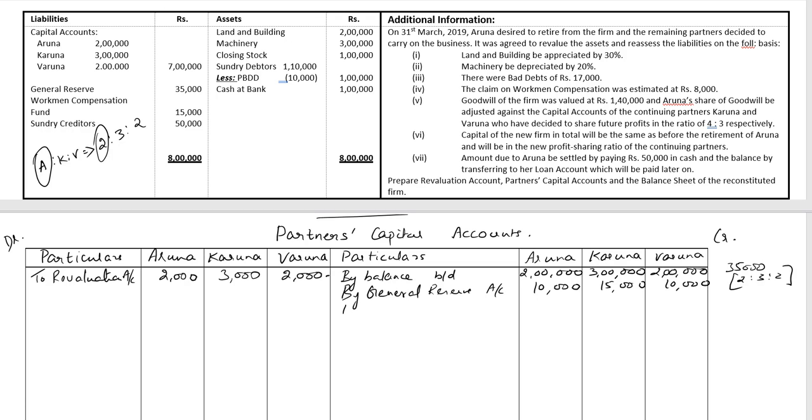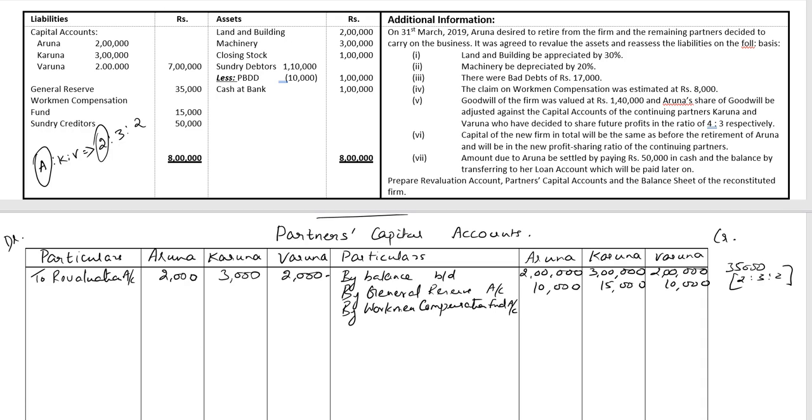Workmen compensation fund, by workmen compensation fund account. As per the fourth point, the claim on workmen compensation was estimated at 8,000. The fund is 15,000.